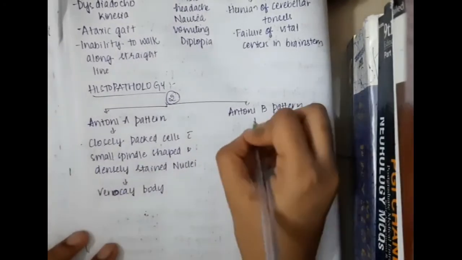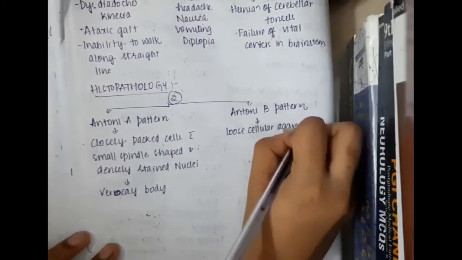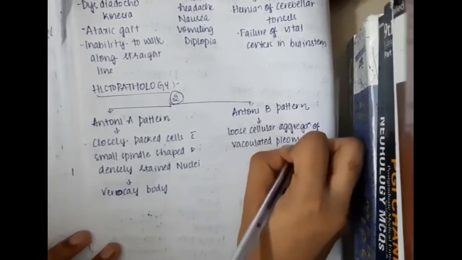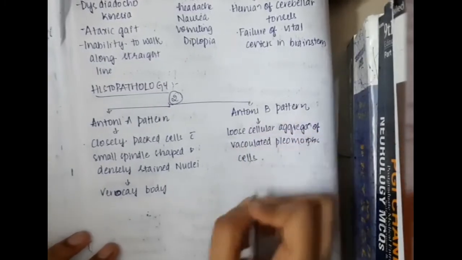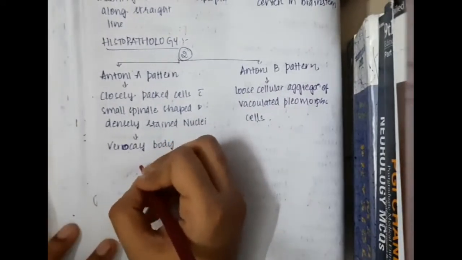These are Verocay bodies. Then we have Antoni B pattern, where the cells are loosely aggregated. There is loose cellular aggregation of vacuolated pleomorphic cells. That is Antoni B pattern.